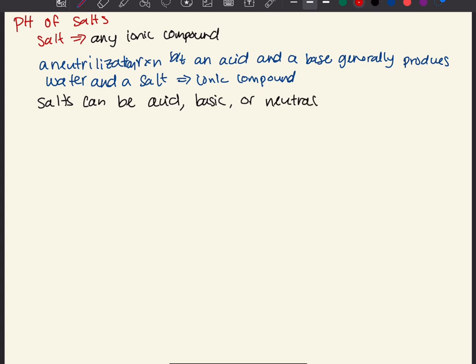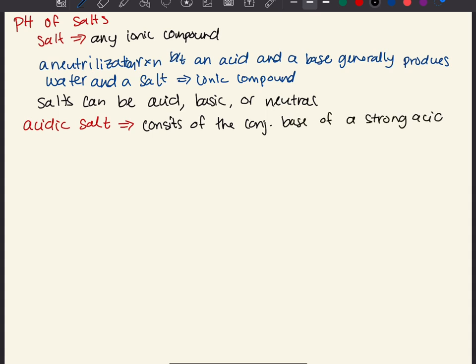So an acidic salt consists of the conjugate base of a strong acid and the conjugate acid of a weak base.